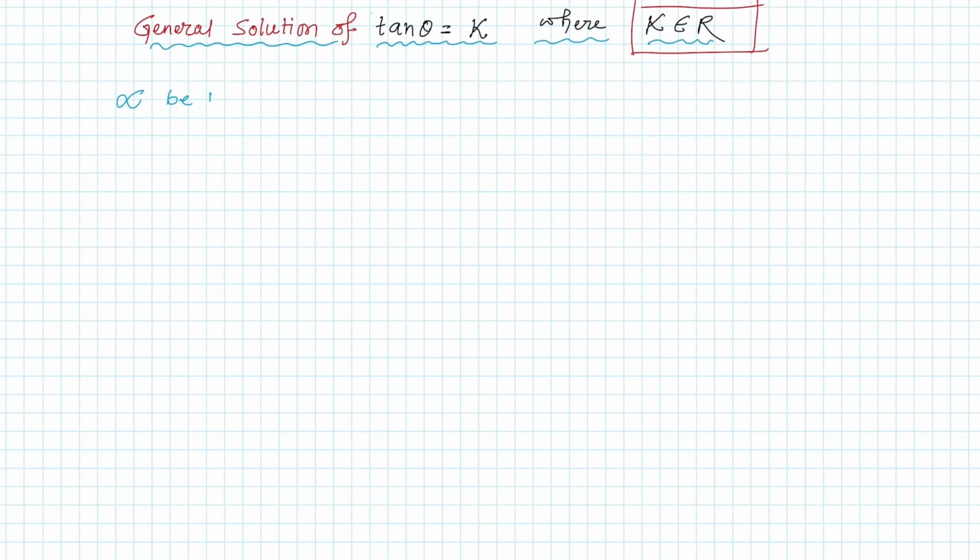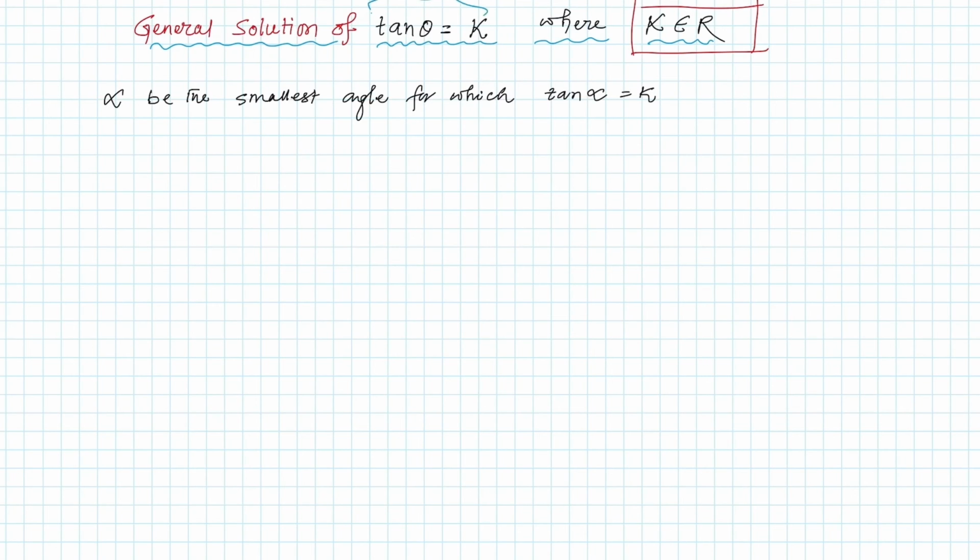Let us suppose alpha be the smallest angle for which tan alpha is equal to k.